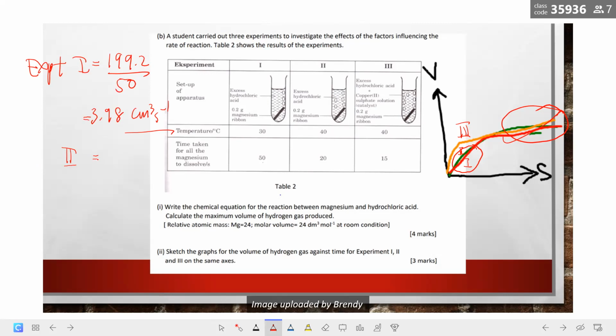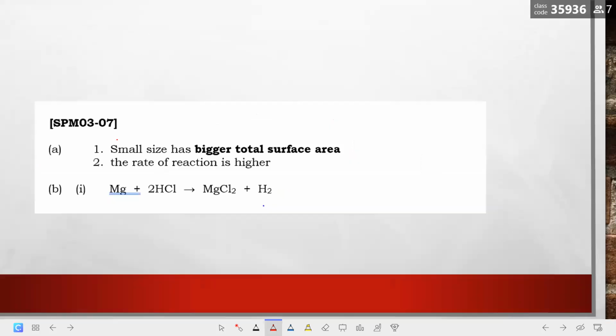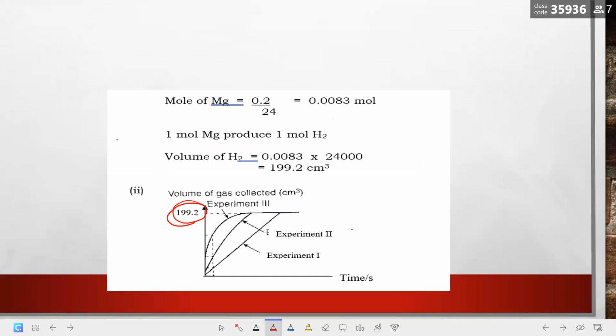So it's similar already. It's the same. No difference. You just have to change the time. Brandy? Yes, sir. Okay, answer? Actually, I didn't know what the volume is, sir. Oh yeah, you were not here when we calculated it just now. Okay, looking at the graph, it's 199.2, Brandy.